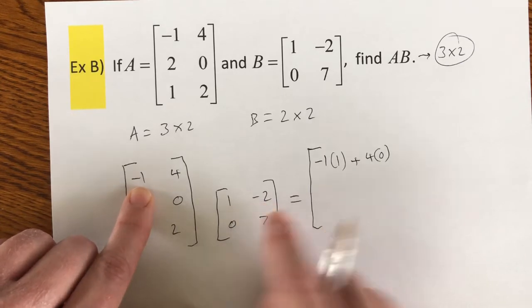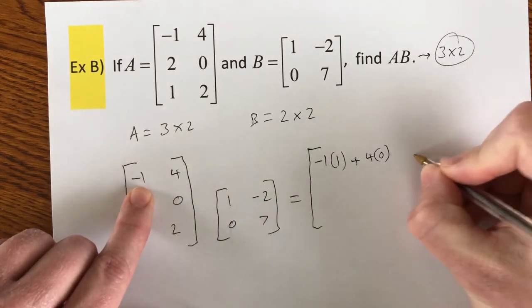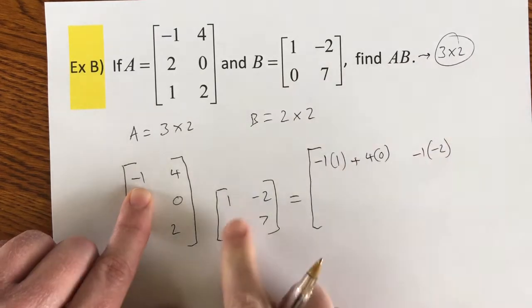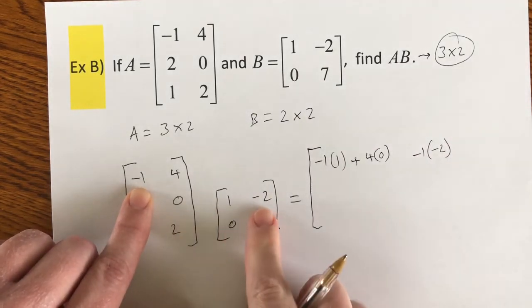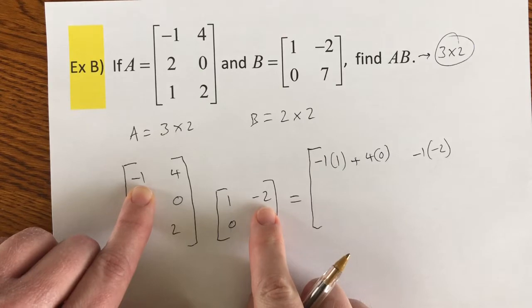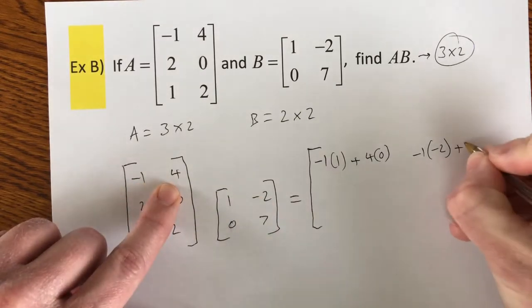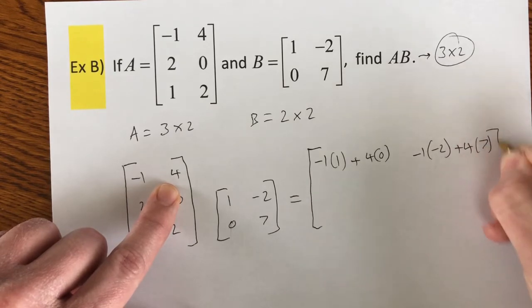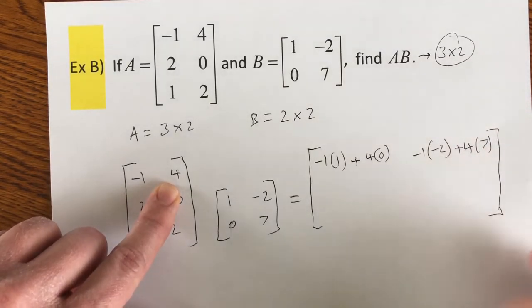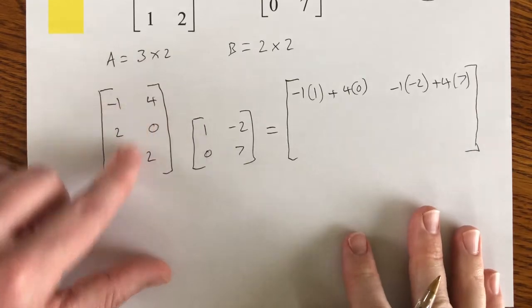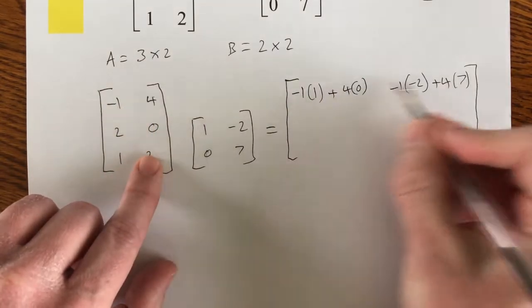So that would be -1 times -2, and then move, plus 4 times 7. Close bracket. Okay, so that takes care of our first row.